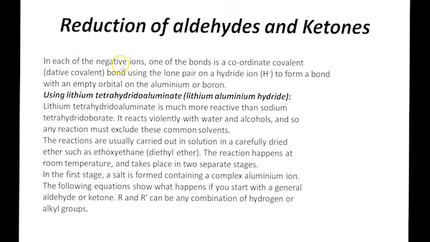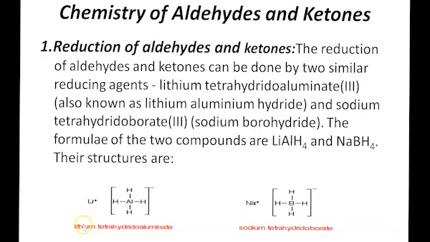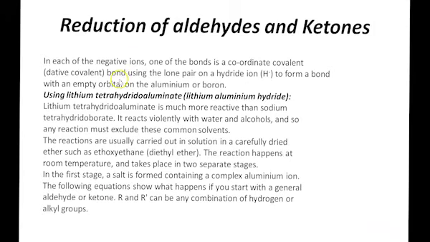In each of these negative ions, one of the bonds is a coordinate covalent bond, using the lone pair on the hydride ion to form a bond with an empty orbital on the lithium, aluminum or boron.